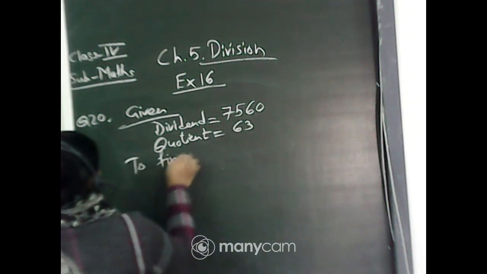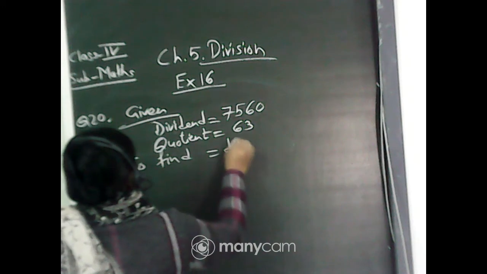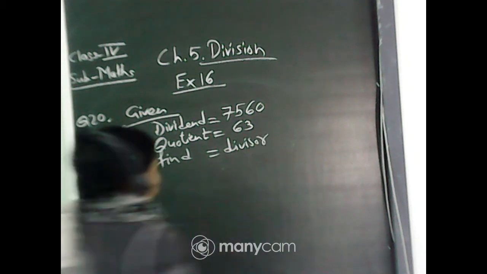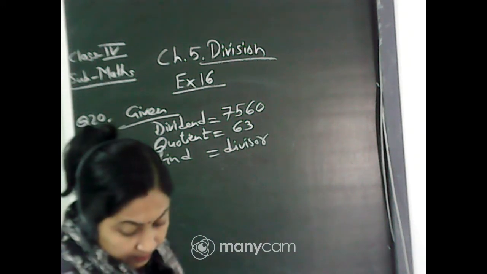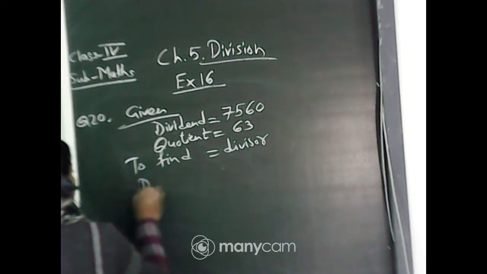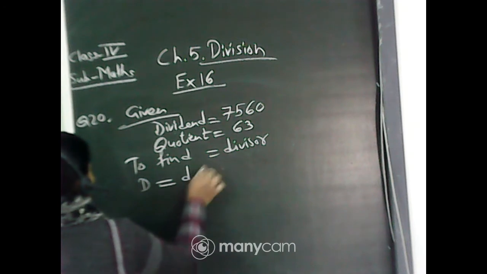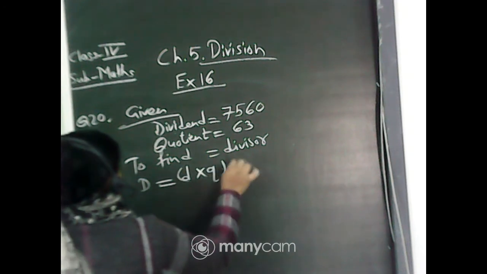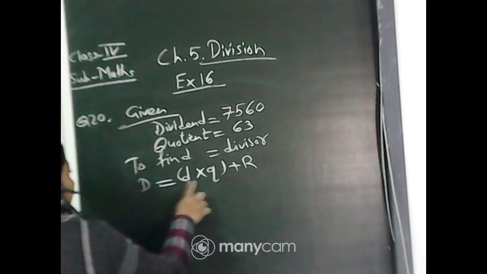To find the divisor, you have to find the divisor, isn't it? So put it in the formula. Capital D is equal to small d into Q plus R. You have to find this small d.